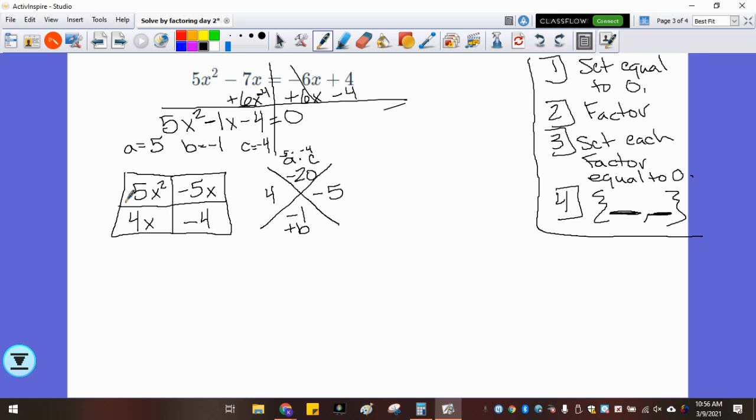So this is a hard one because a is bigger than 1. This is when everyone has trouble with it. We're going to see what's in common in 5x squared and 5x. What's in common with 5x squared and 5x?